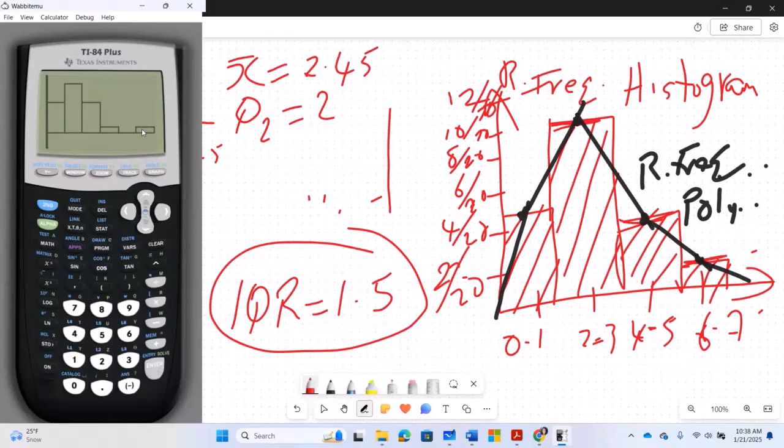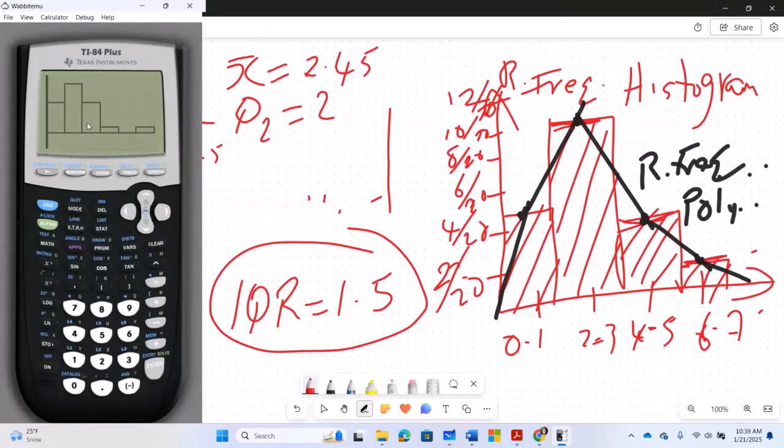I'm going to count the bars. 1, 2, 3, 4. So it's more than 4. But actually, I had 4 classes. So I want to fix this histogram so it will look like the classes that I have. How do I fix it?